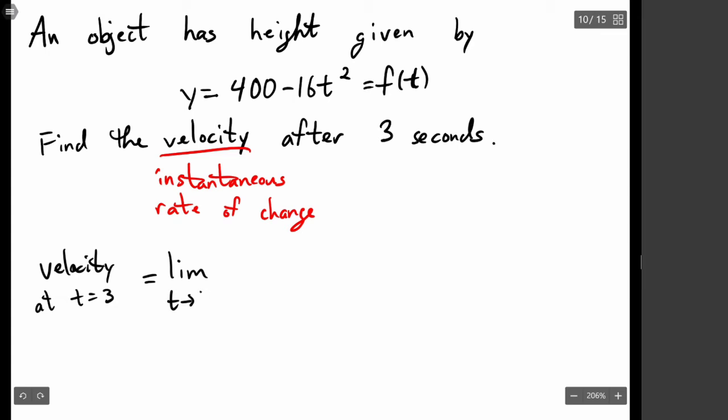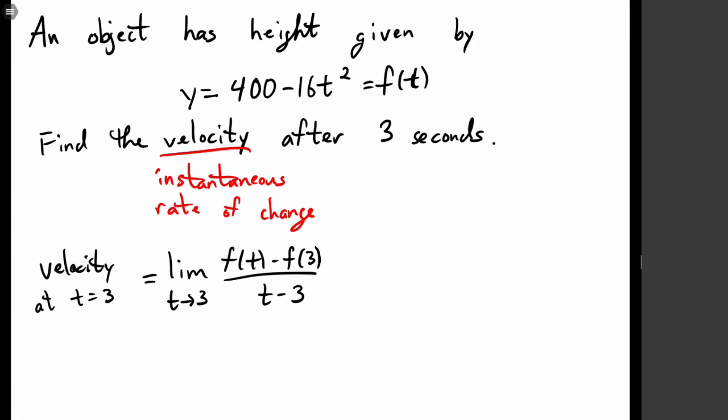So limit as t approaches 3, f of t minus f of 3 over t minus 3. Okay. So, and you could do f of 3 minus f of t over 3 minus t. Either order is completely fine, as long as they're the same on the top and bottom.